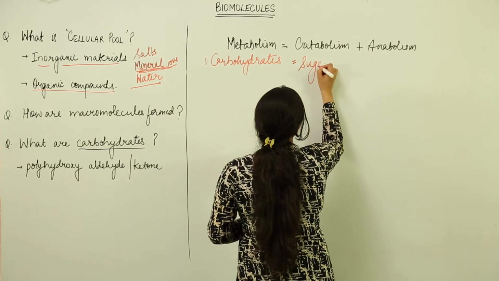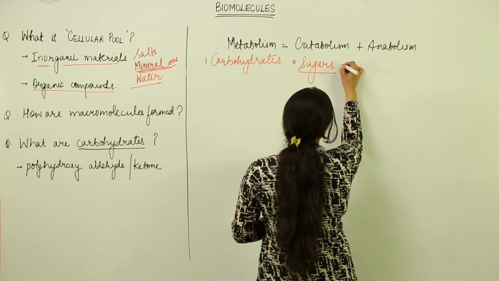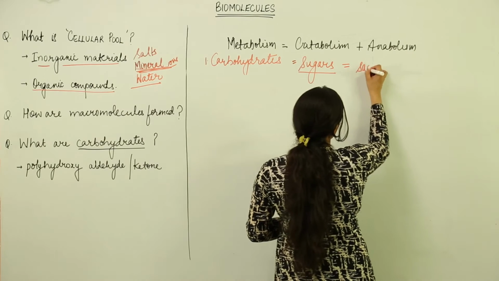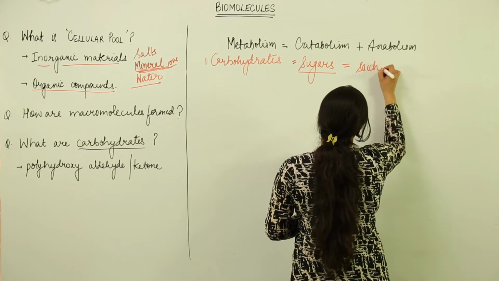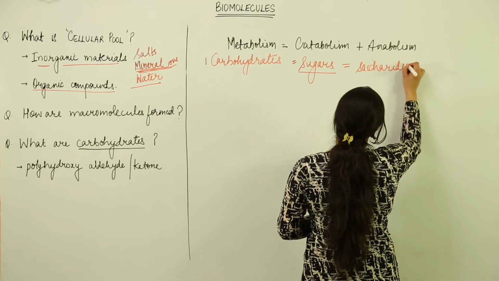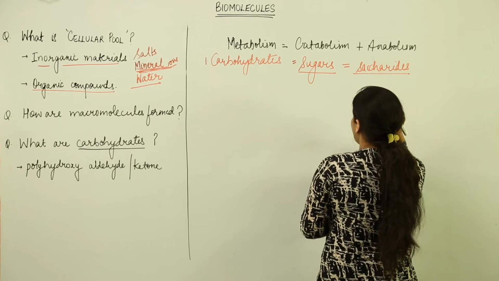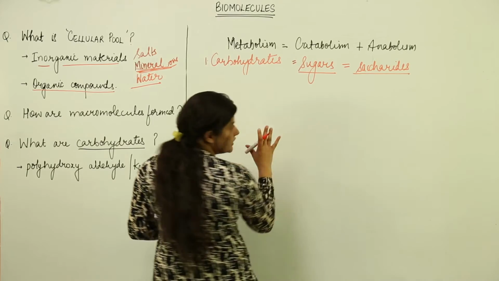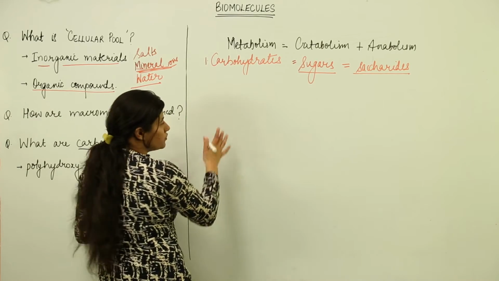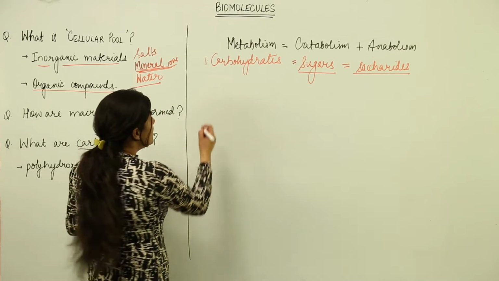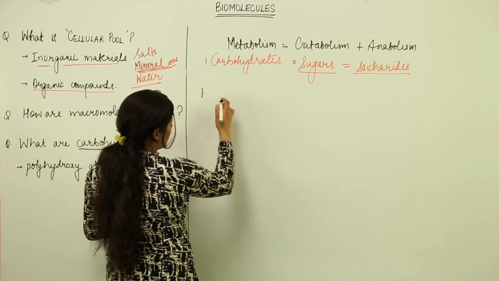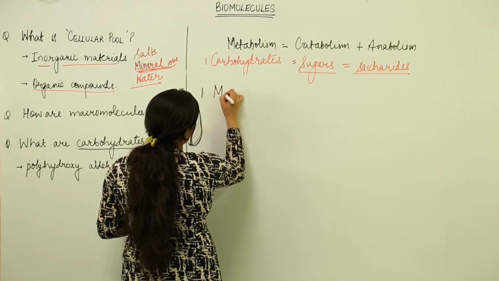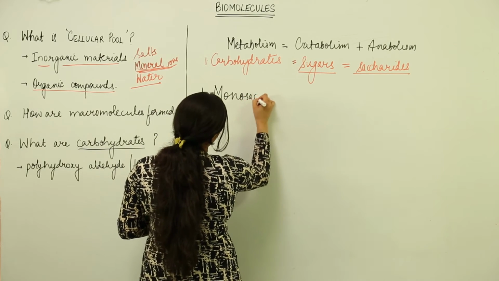Now when I use the term sugars, there is another term which is used, that is saccharides. You might have heard these terms in your chemistry study. Now carbohydrates are of three types. There is a broad classification of carbohydrates. The first type of carbohydrate, because I am talking about saccharide, is monosaccharide.